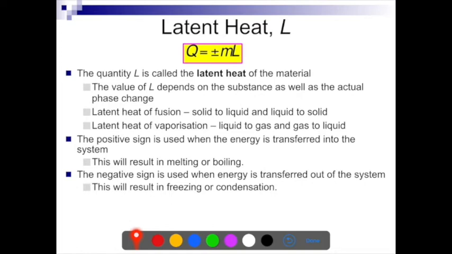So there are different values for latent heat depending on whether your object is going from solid to liquid or liquid to solid. The latent heat for solid to liquid and liquid to solid is called latent heat of fusion. And the latent heat involved when your object goes from liquid to gas and gas to liquid is called latent heat of vaporization.